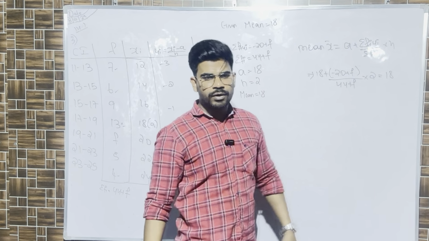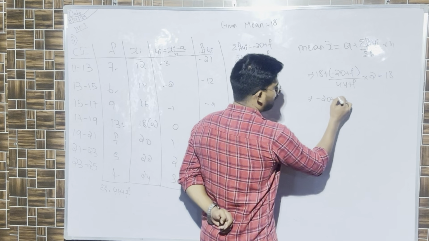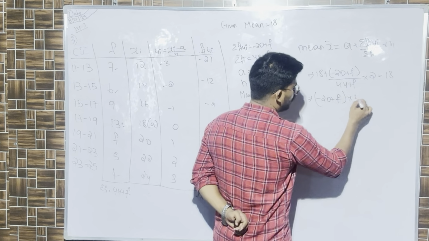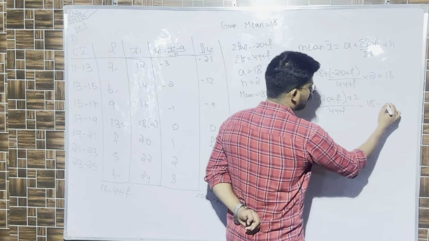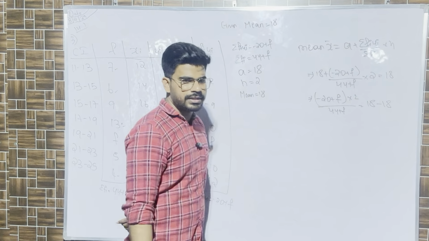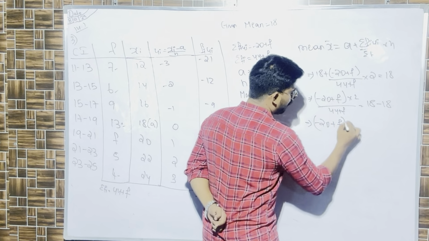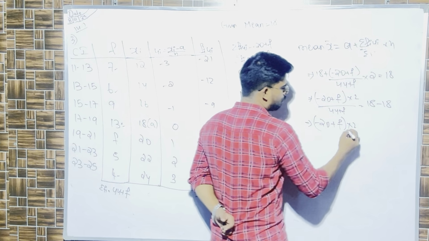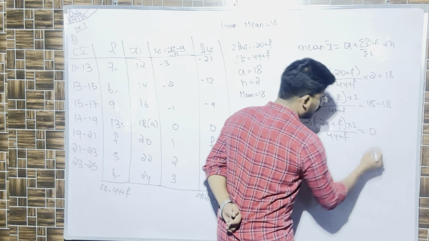Plus 18, if we transfer over there, it will become minus 18. So it is minus 20 plus f into 2 divided by 44 plus f. Do not solve anything here, I will tell you why. 18 minus 18 is 0. So it is nothing but minus 20 plus f into 2 by 44 plus f is equal to 0.